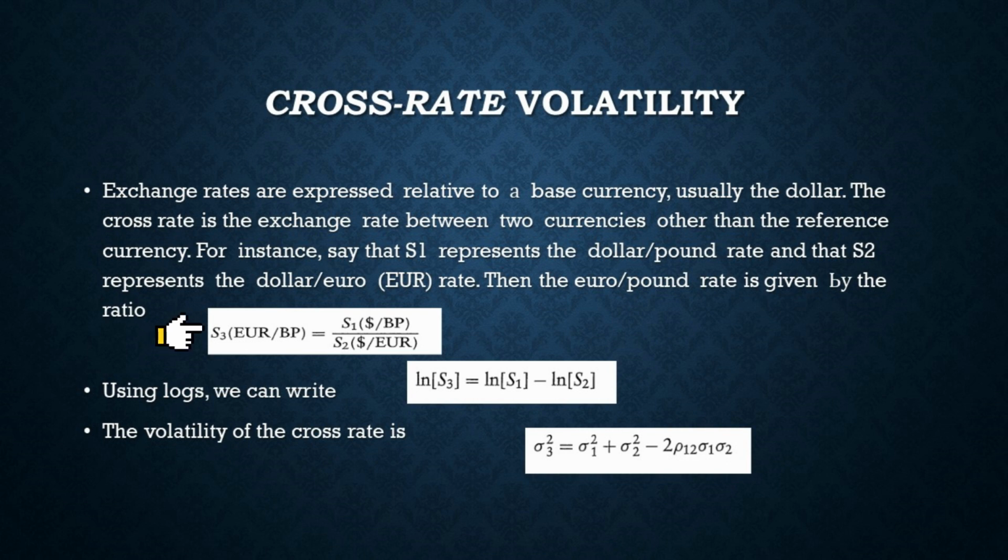Using logs, we can write log S3 equals log S1 minus log S2. The volatility of the cross rate is sigma squared 3 equals sigma squared 1 plus sigma squared 2 minus 2 times rho times sigma 1 and sigma 2.